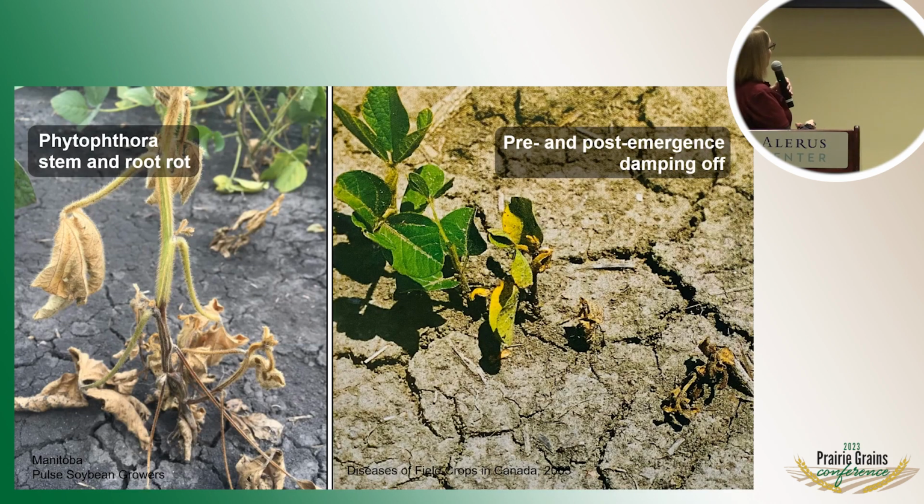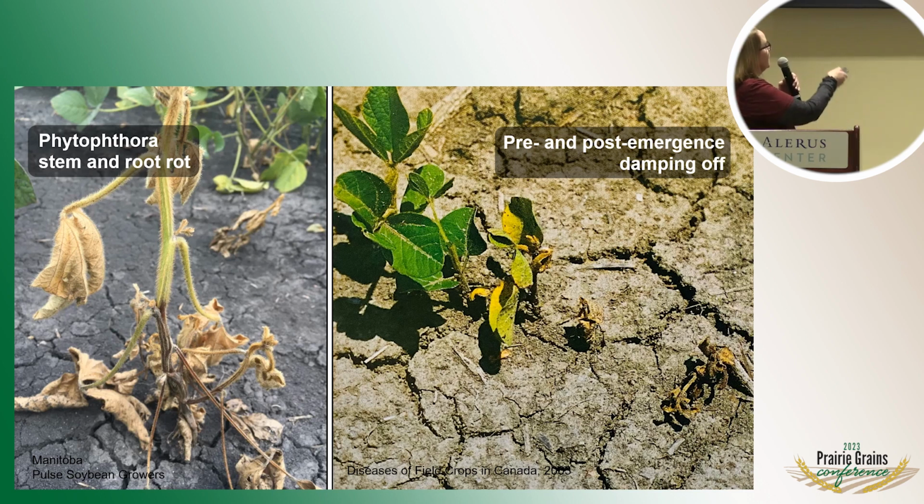So just as a reminder, Phytophthora root and stem rot lesions typically begin below the soil line and then move up the stem. This is considered a chocolatey brown color, but the pathogen can infect the plant anytime during its development.